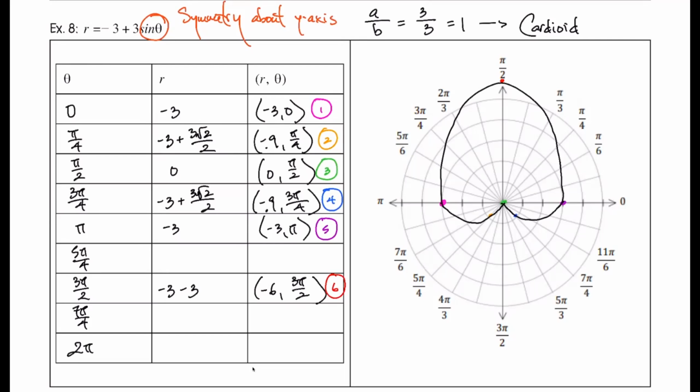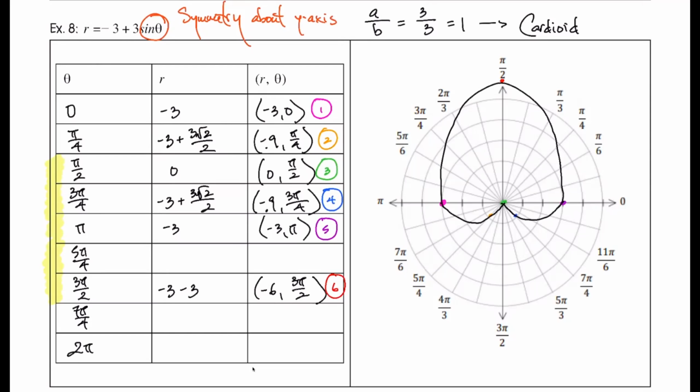Now, if I had thought more carefully about the symmetry, check out what I could have done. I could have graphed these 5 points. Pi over 2, 3 pi over 4, pi, 5 pi over 4, 3 pi over 2.